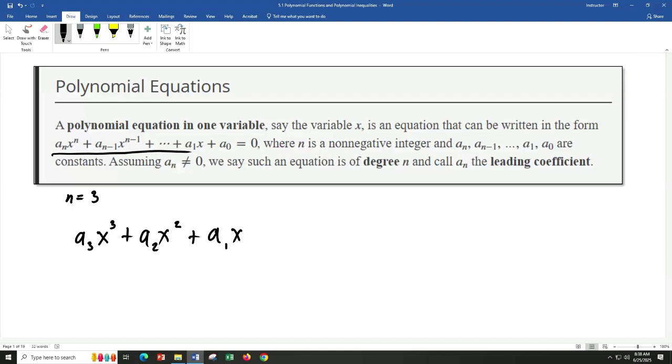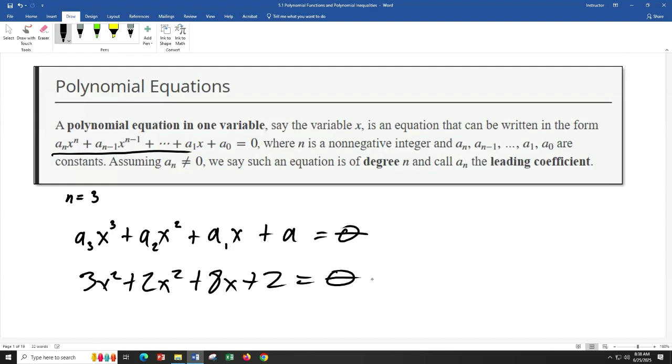Remember that. Everything to the 0 power is a 1. So here you just have an a sub 0, and that's all equal to 0. But you're probably like, dude, that doesn't help out anything. Well, let's change it up a little bit. How about it look like this? There you go. That's literally all it says.